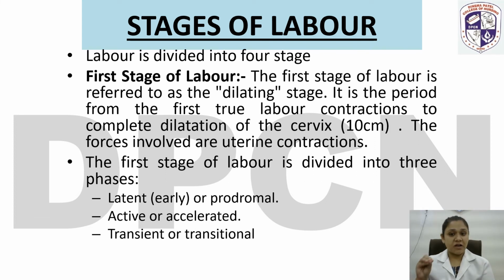That is called the first stage of labor. The force involved is the uterine contraction. The first stage is divided into 3 phases: the latent or early, or prodromal phase, the active or acceleration phase, and the transient or transitional phase.